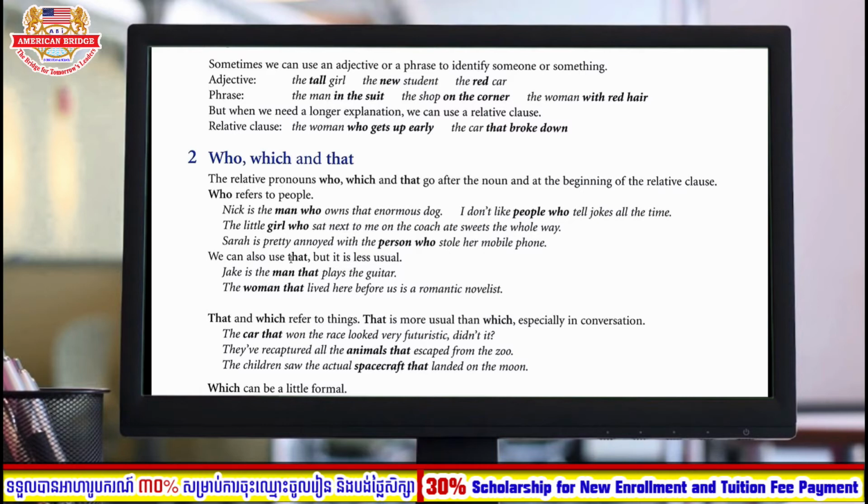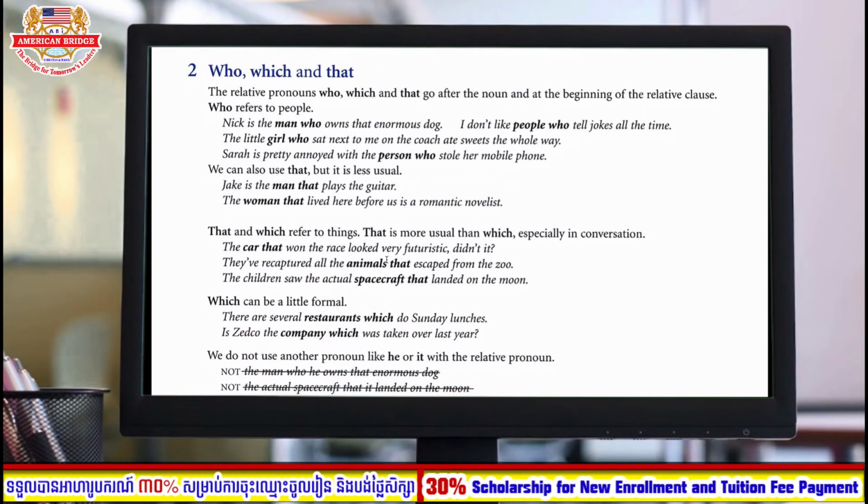We can also use that, but it is less usual, so I recommend you use only the word who to refer to people. That and which refer to things, but that is more usual than which, especially in conversation. So when you use a relative clause in your conversation, use the word that.